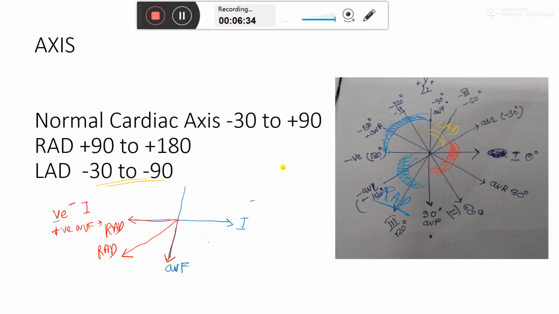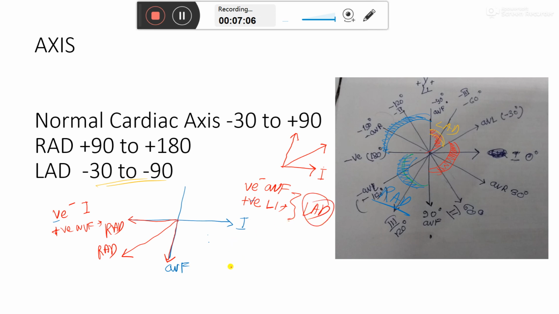Now, if it becomes positive in lead 1, the vector will be in the direction of lead 1, and negative in AVF means the vector will be opposite to AVF. So the net vector will be like this, in the part of LAD. So negative in AVF and positive in lead 1 is LAD.